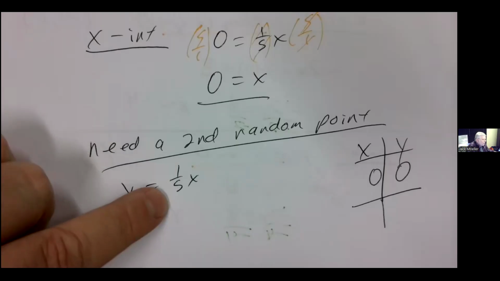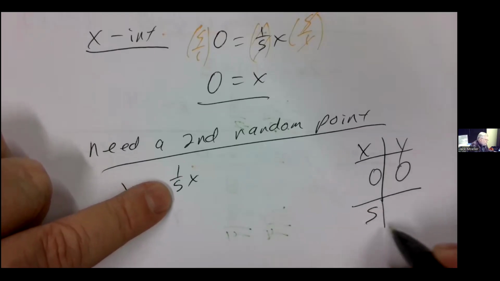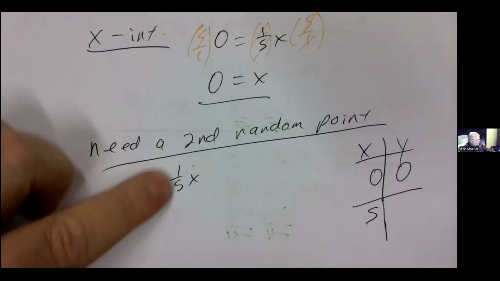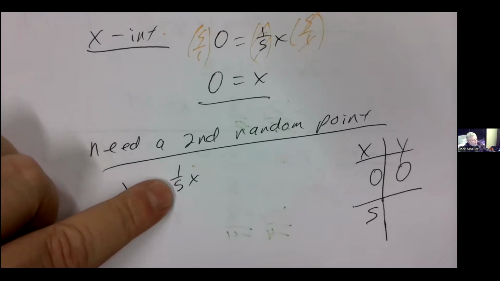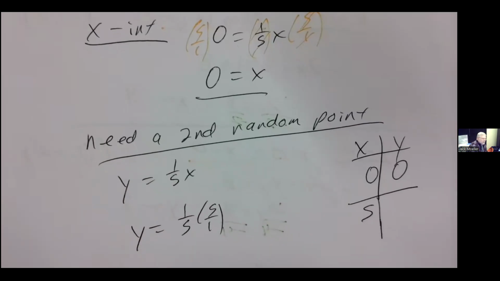Pick multiples of your denominator. Since we have a fifth in here, I would pick 5. Maybe you could pick -5, or 10. Any multiple of that number would work. If this was 2/3, I would pick x equals 3 or -3. If it was 1/4, I'd pick x equals 4, and so on, just to minimize dealing with the fractions.